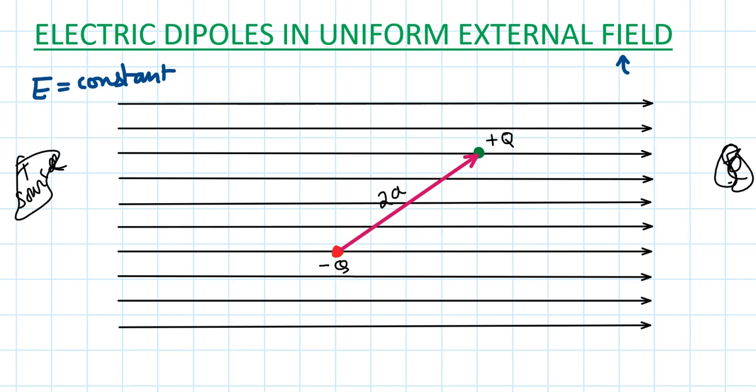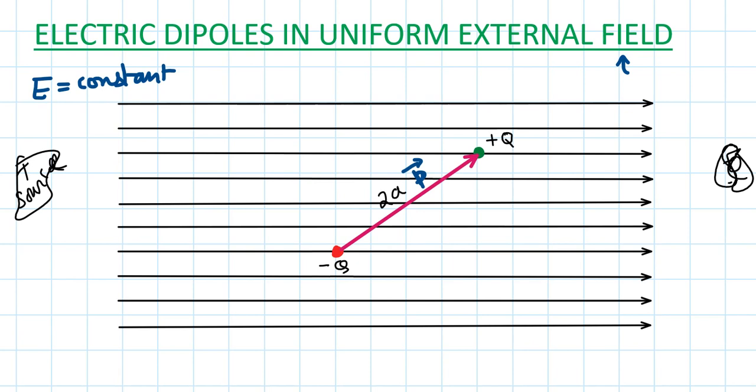How will it behave? Now this arrow also indicates the direction in which your dipole moment is, because dipole moment is directed from minus q to plus q. So remember that.